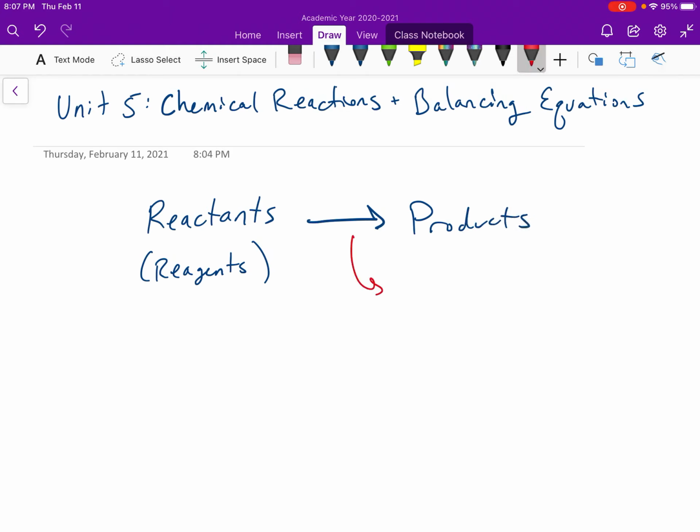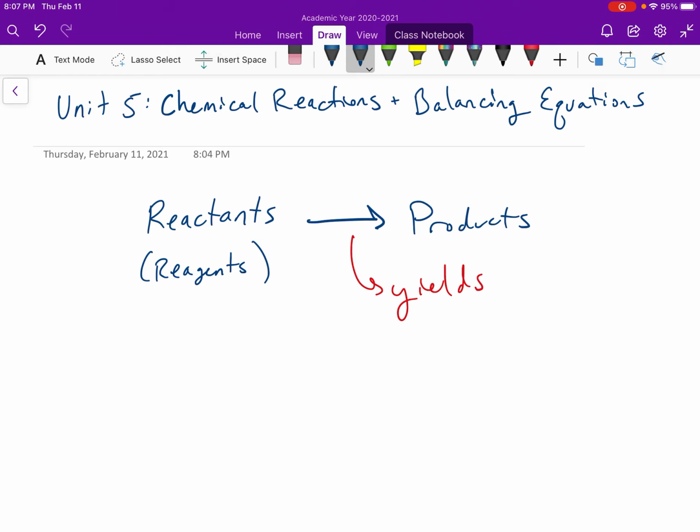The arrow means yields or goes to. It's not an equal sign, okay? So just be careful with that. It means goes to, turns into, yields, okay? So we have reactants on the left, products on the right, okay?